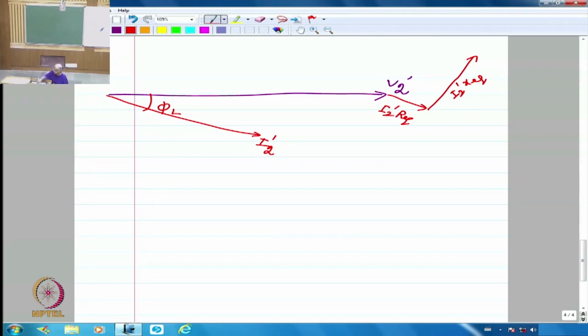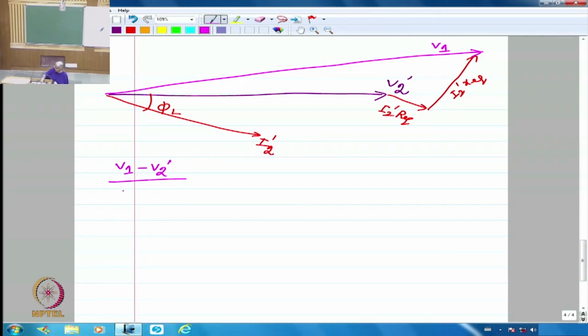Now the total what we are getting is something like this. This is V1. So V1 minus V2 dash divided by either V1 rated or V2 dash rated, either way is fine, is the regulation.